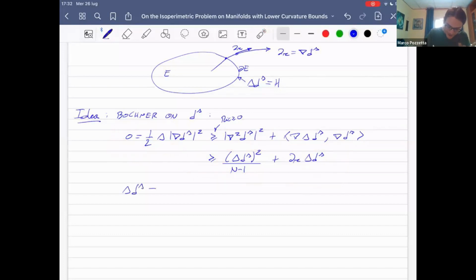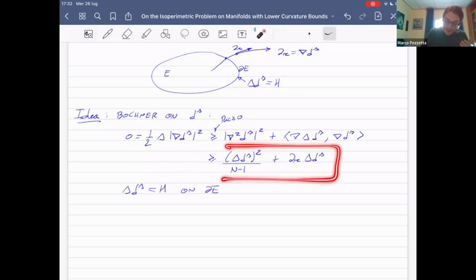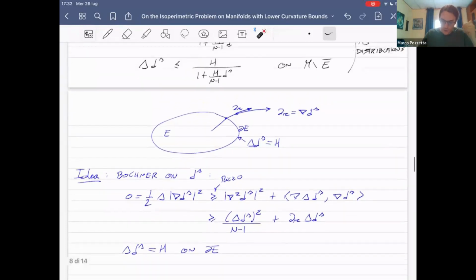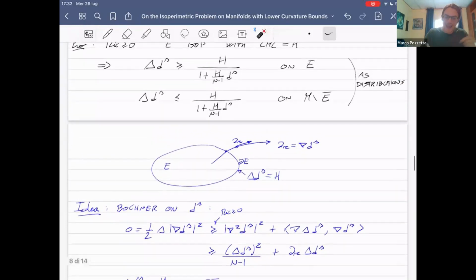I know this on the boundary of E. And so if you couple this ordinary differential inequality with this initial condition, by comparison, you get estimates on the Laplacian of the distance function far from the boundary, and precisely these estimates that I stated above. Okay, so this is a very rough idea, but you can see directly where Ricci non-negative comes into place here.